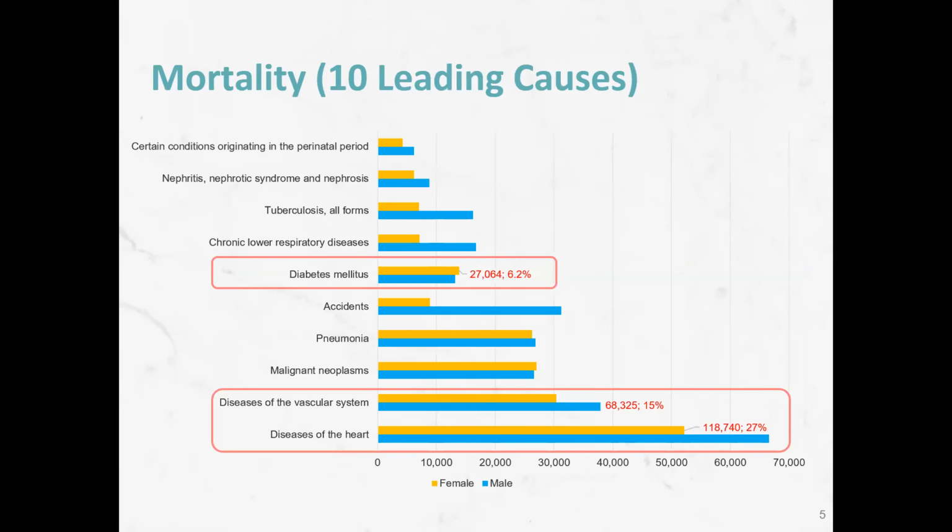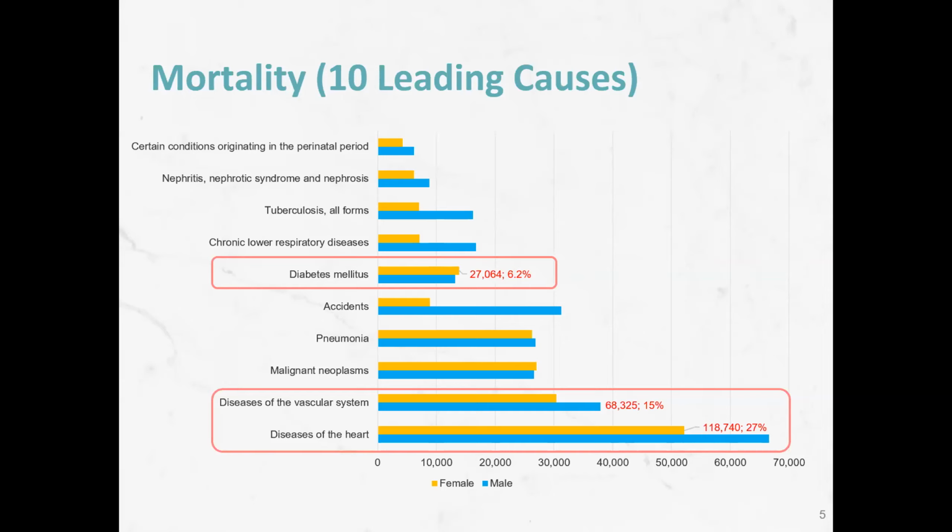If you look at the top leading causes of mortality in the Philippines, this is just the top 10 causes. Out of the 250,000 deaths, diabetes ranks number 5 with about 27,000 deaths, about 6% of overall mortality. This is comparable to other ASEAN countries, but slightly higher. In other ASEAN countries, the burden due to diabetes mellitus, or type 2 diabetes, is about 4% or 5%.